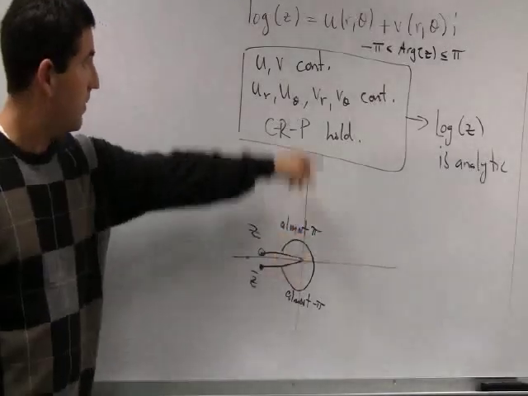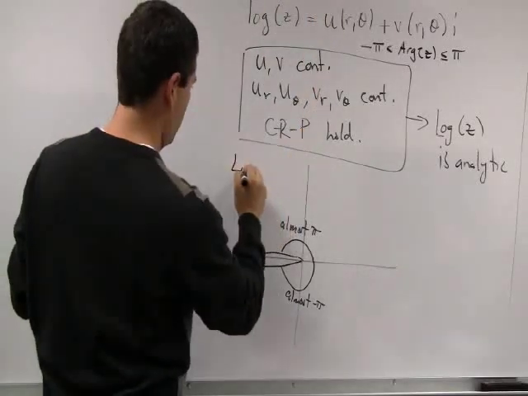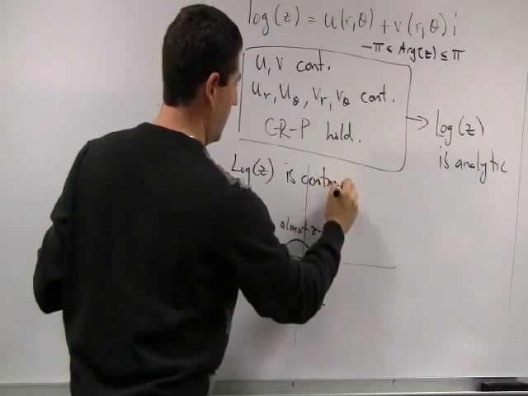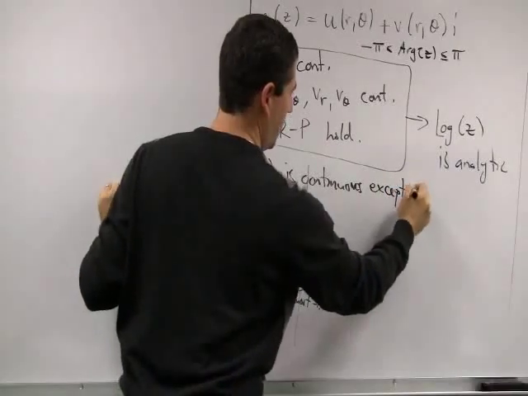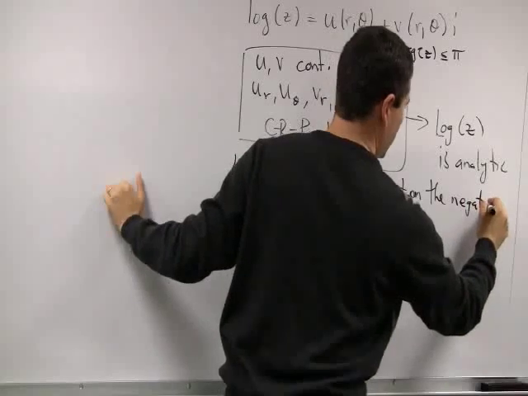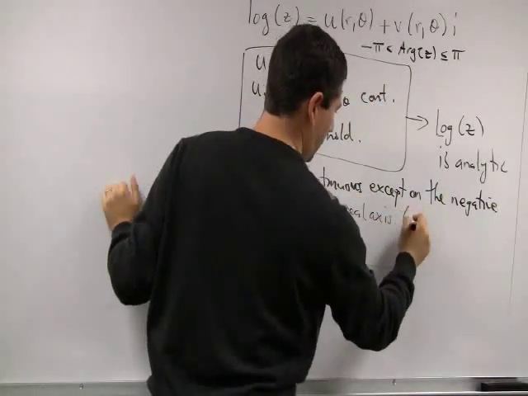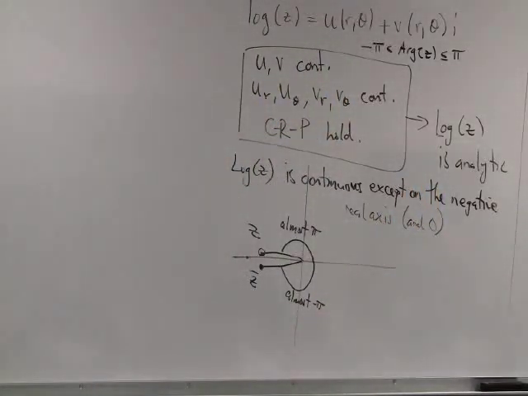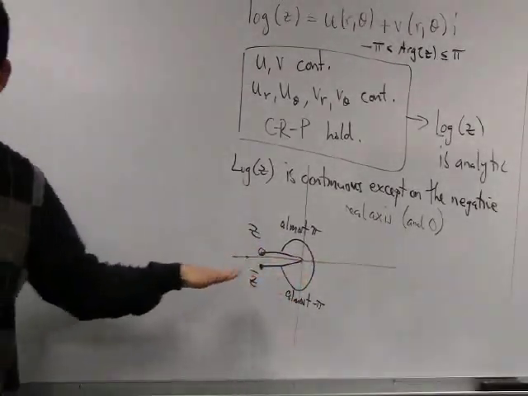So that means that this log function, when we're not writing down the log z, is continuous, except on the negative real axis and 0. We already knew it wasn't continuous at 0 because it's not even defined at 0. But the negative real axis, it's not continuous anywhere on there.